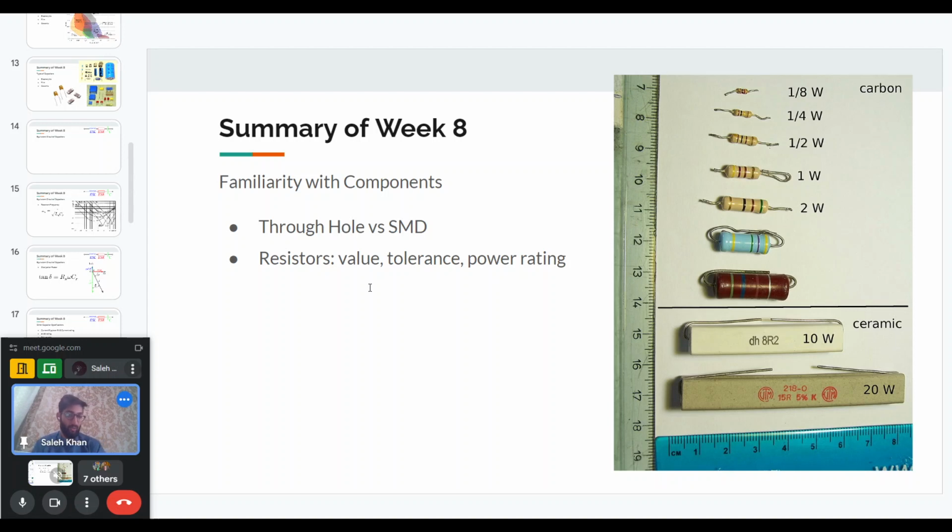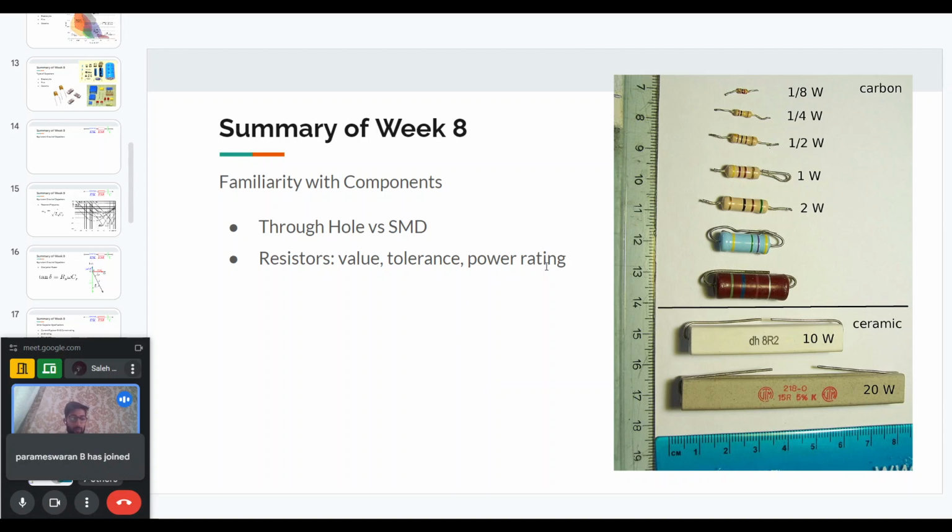For example, here it is written 5%, so the resistance value may be plus or minus 5%. If it had to be 15 ohm, it can be 15 plus 5% or 15 minus 5%. So that is the tolerance.